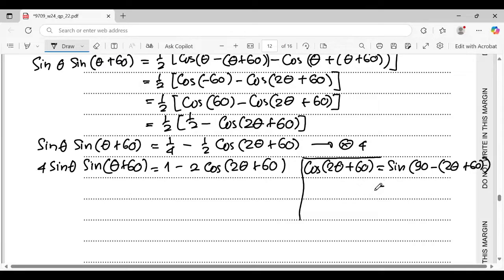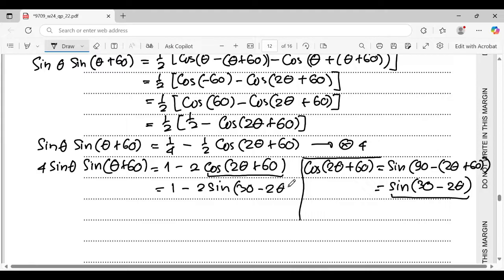So it becomes sine 90 minus 60, which is 30 minus 2 theta, like this. So cosine 2 theta plus 60 becomes this one, so it becomes 1 minus 2 sine 30 minus 2 theta, like this.